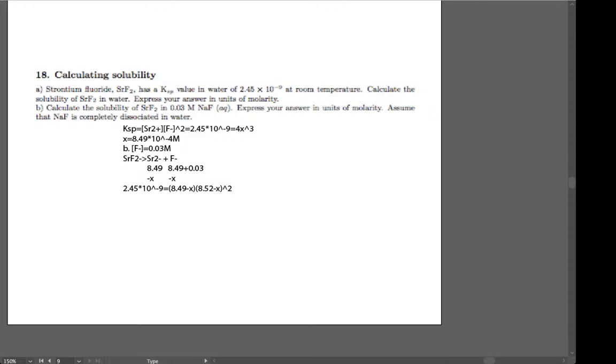So first things first. X would equal 2.45 times 10 to the power of negative 9, divide the thing by 4, and then you take the entire thing and raise it to the power of 1/3.